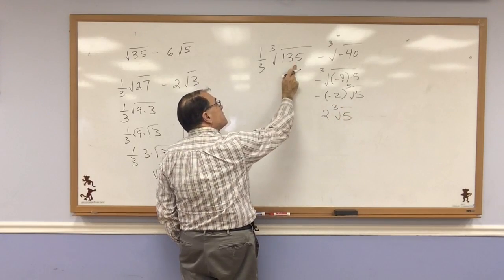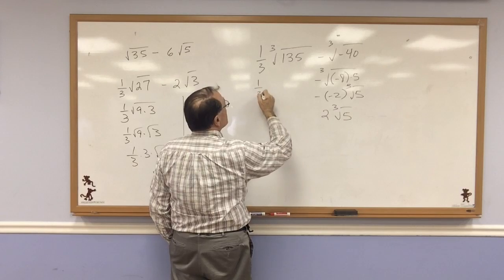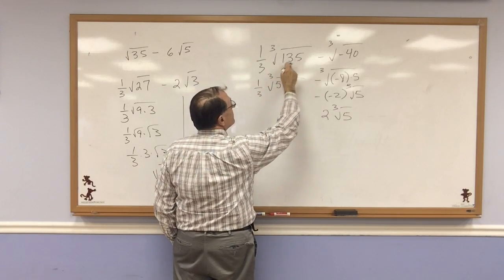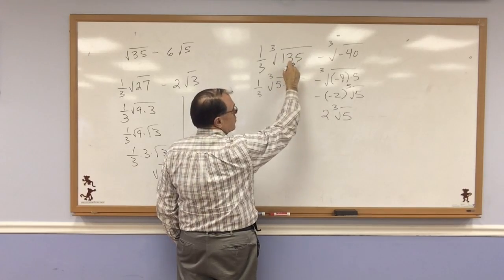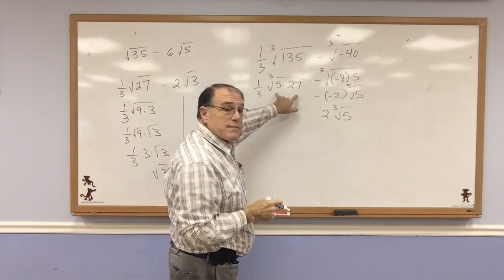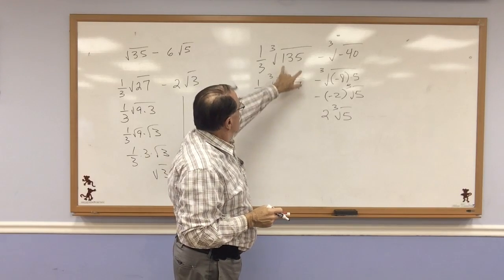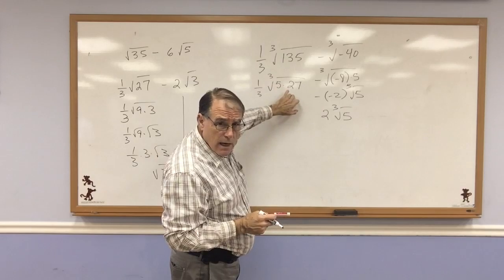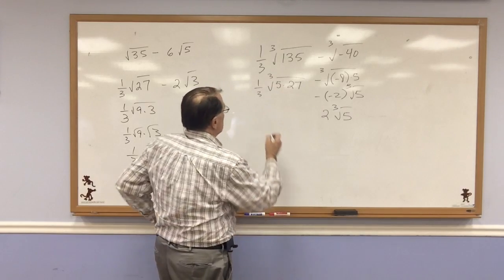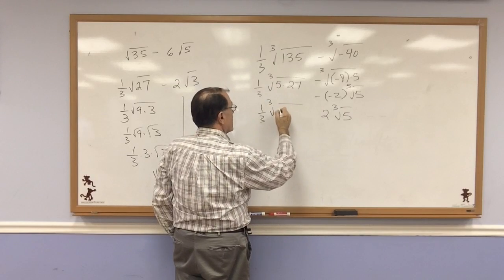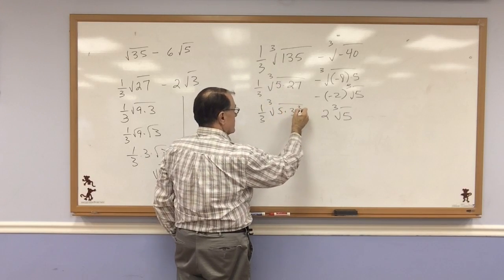Now, if I look at this, let me factor a 5 out of 135. Well, 5 into 135, that's going to go, what, 27 times. 5 times 27 gives me 135. But 27, I know, is the cube of 3. So I've got 1/3 times the cube root of 5 times 3 to the 3rd.